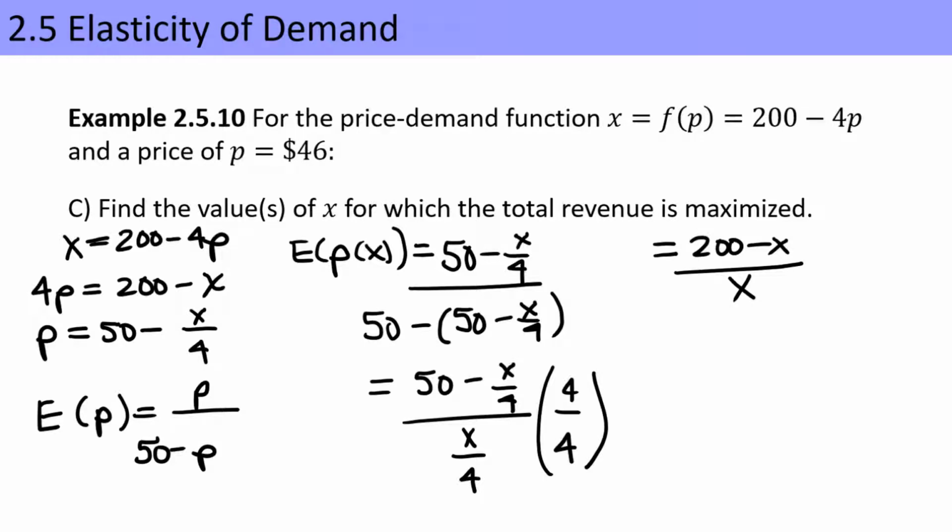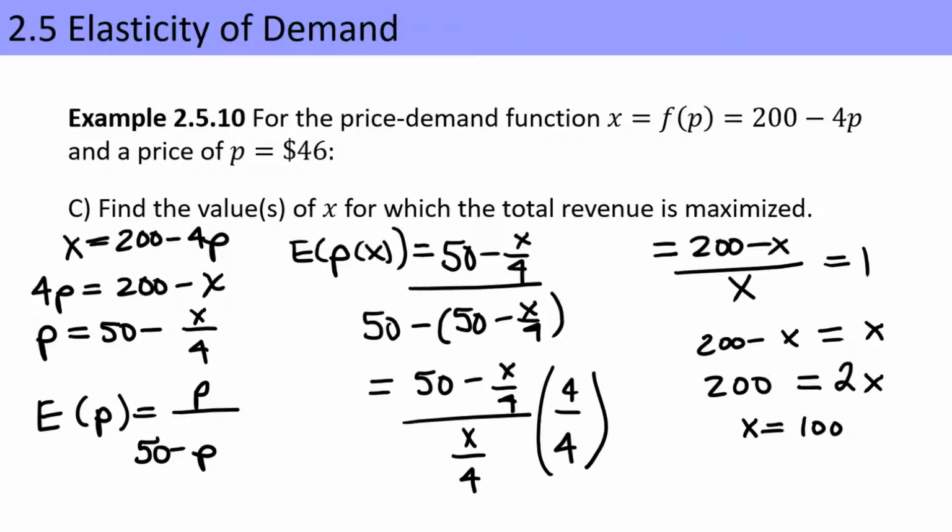Let's recall that maximum revenue occurs when the elasticity of demand equals 1. So for the 200 minus X divided by X, we will set this equal to 1. And that will give us 200 minus X equals X. I multiplied through by X, then 200 equals, adding X to both sides, 2X, and solving for X, I get X equals 100.